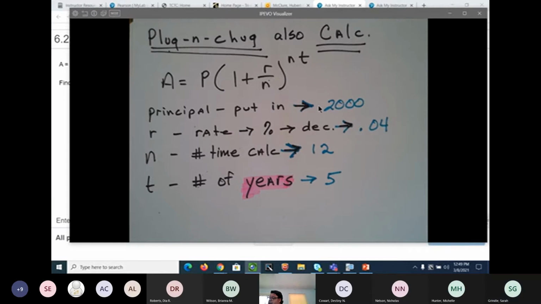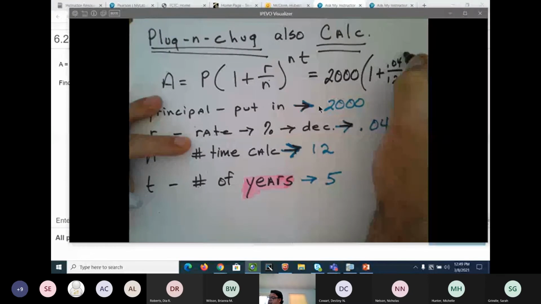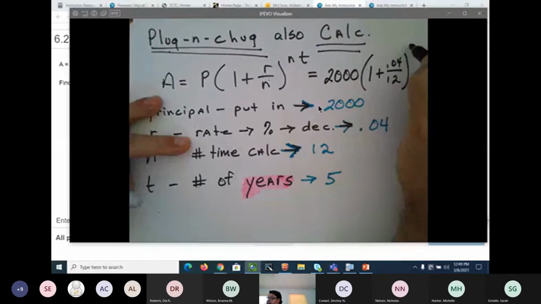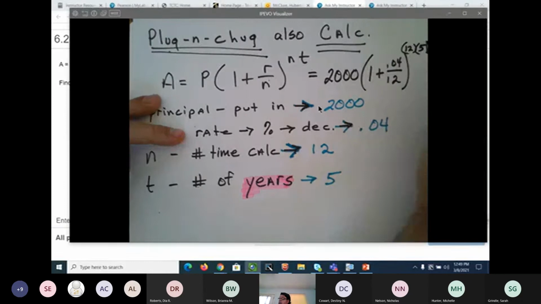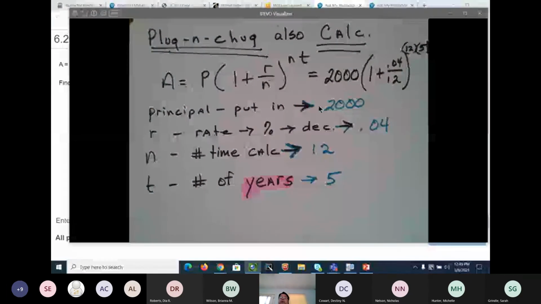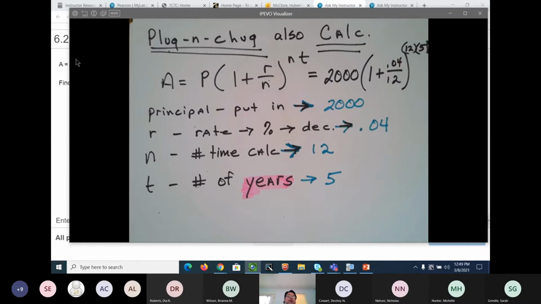2,000 times 1 plus 0.04 over 12 raised to the 12 times 5 power. And that's what you're going to type in the calculator. Now, should you have to do this on paper? No. You shouldn't have to do it on paper.